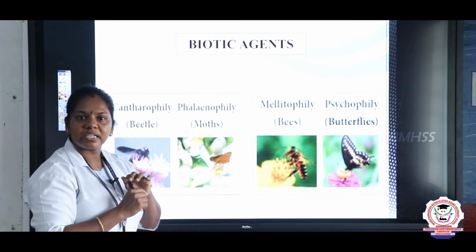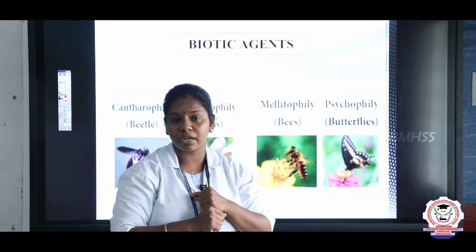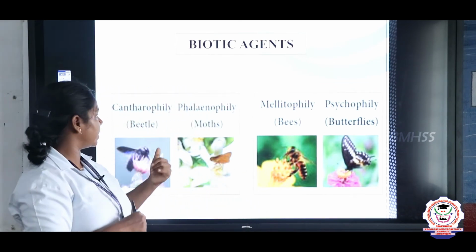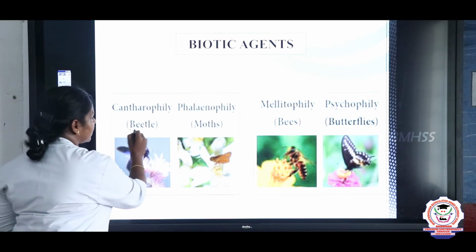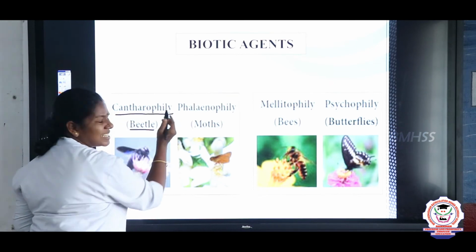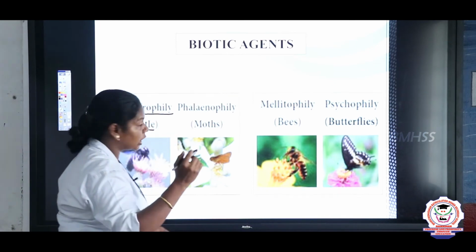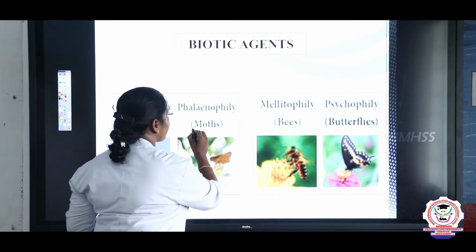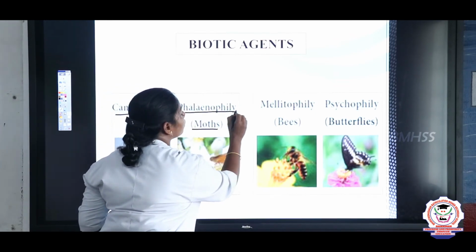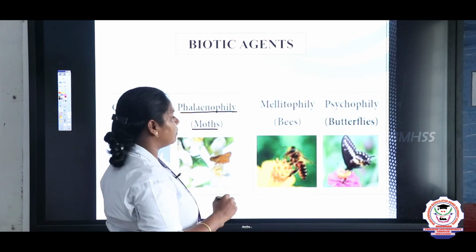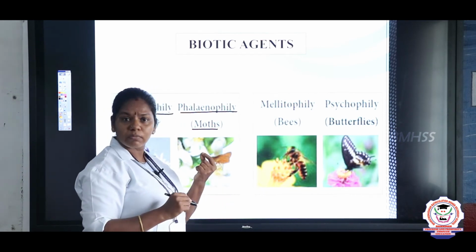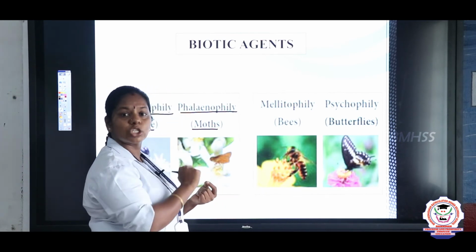And now we are going to discuss the biotic agents, children. Biotic means living. We discussed already. Pollination by beetles we call cantharophily. Just underline it in your book, children. Pollination by moths is phalaenophily. A moth is a small brown butterfly-like insect which sticks to walls, right?